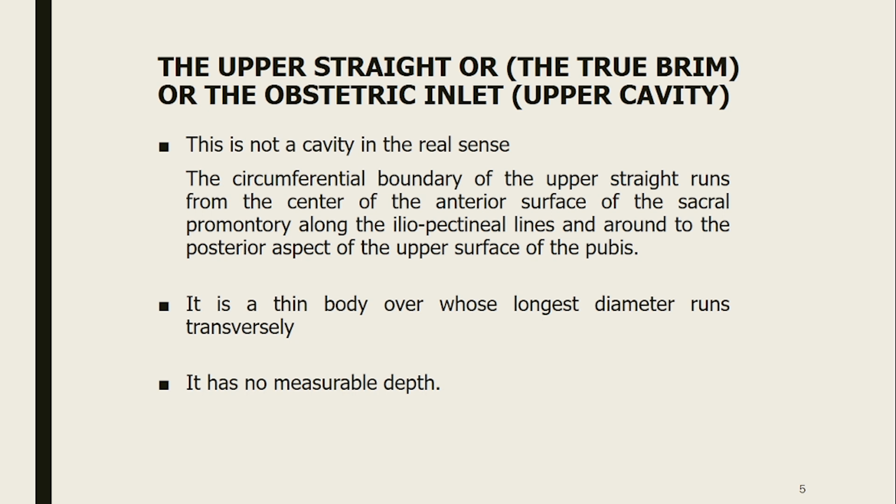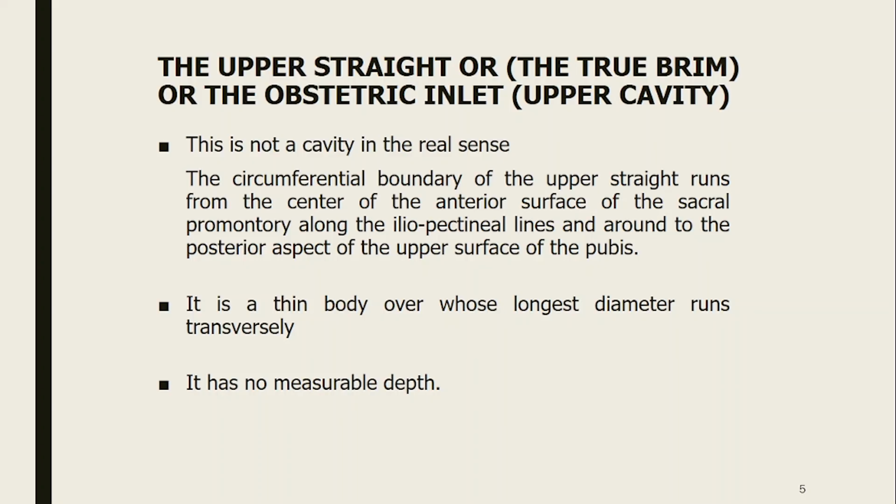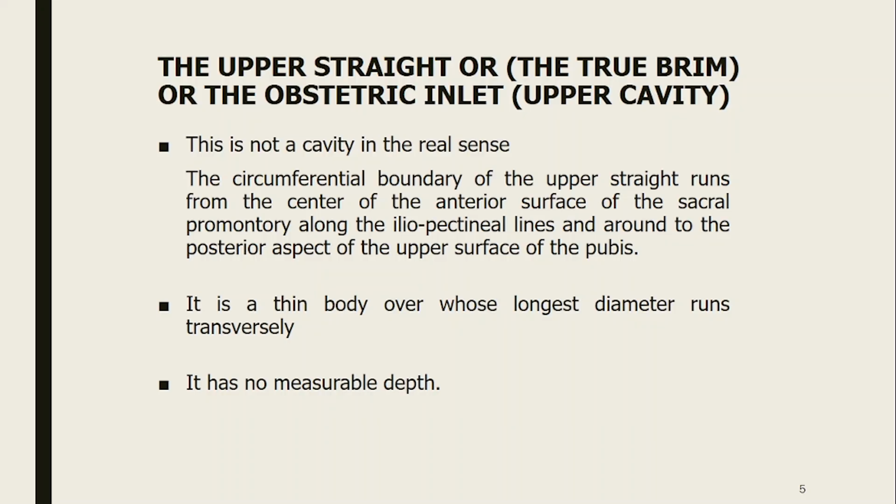It is a thin plane whose longest diameter runs transversely, and it is bounded anteriorly by the upper surface of the pubic symphysis, posteriorly by the sacral promontory, and laterally by the iliopectineal lines.